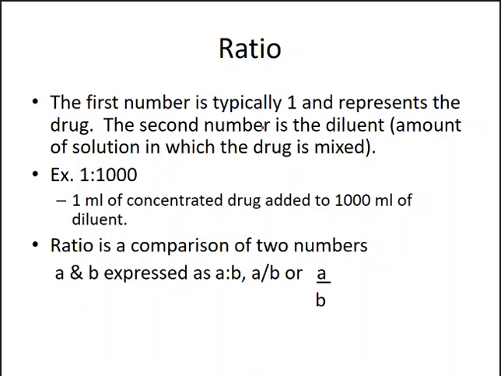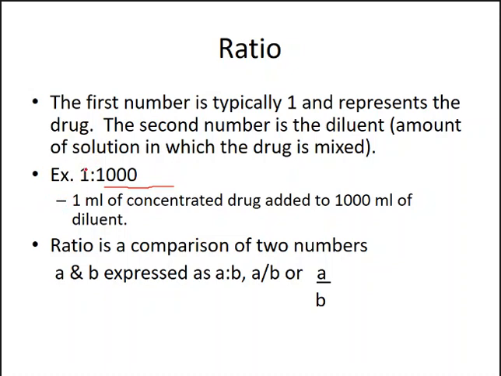So with this, the larger the second number, which is the diluent, the weaker that first number is. Because we're diluting it in a bigger amount of diluent, it's going to be weaker.